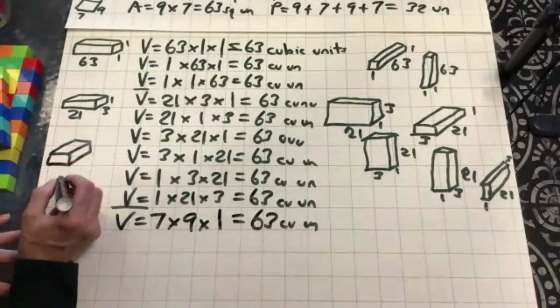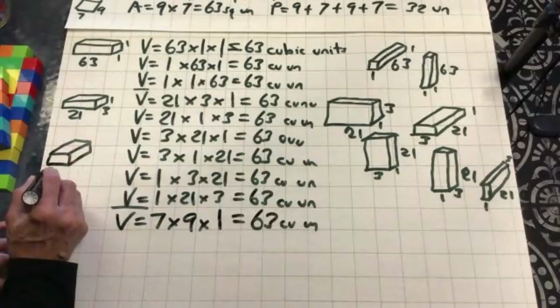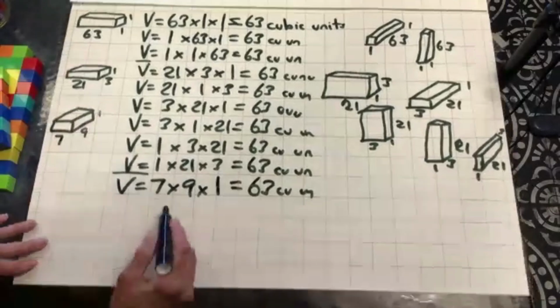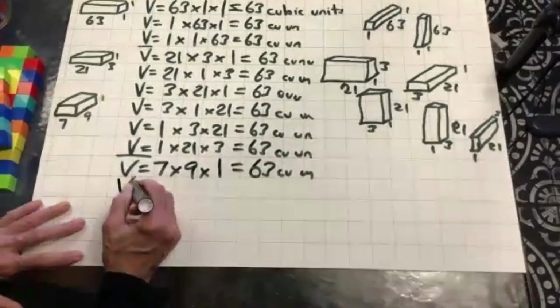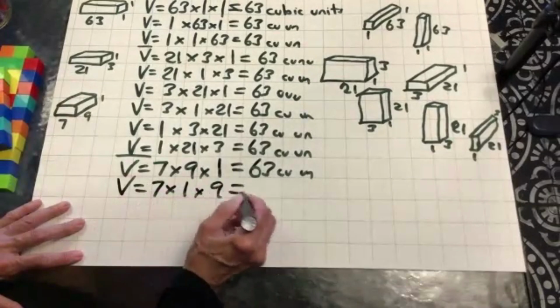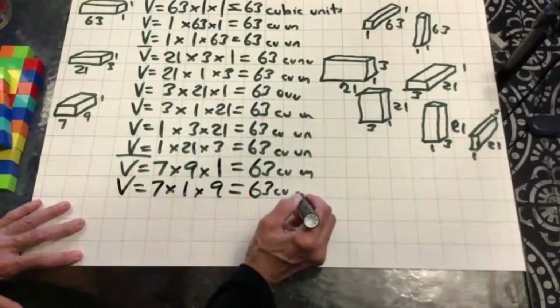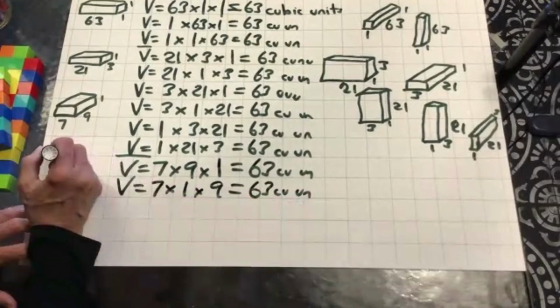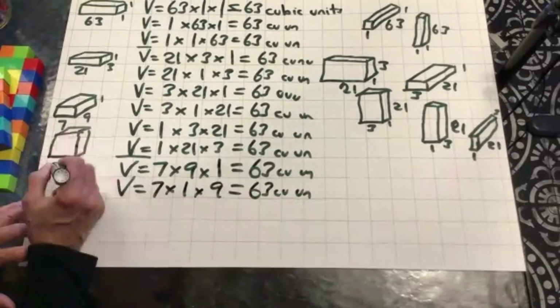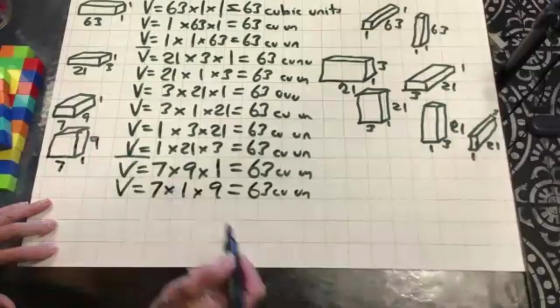So again, we're just drawing a rectangular prism to represent it. And that would go into also a 7 by 1 by 9. So that would be a 7 by 1 by 9.